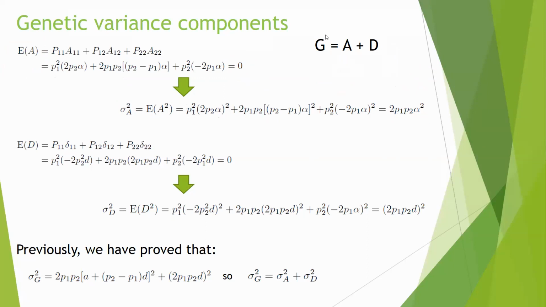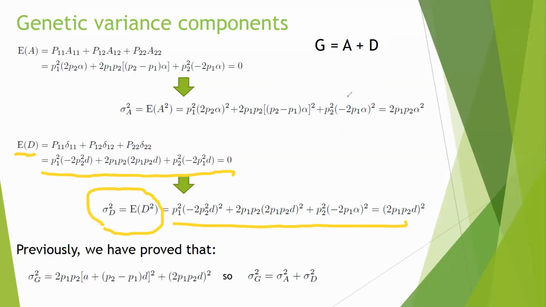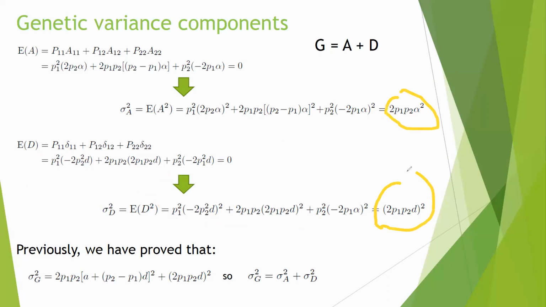So we can also calculate the expected value for the dominance deviation, which is the nonlinear part. And the same, you can easily prove this is 0. And we use the same formula to calculate the variance of the dominance deviation, and this will equal this. So if you add up these 2 parts, that is here, right?